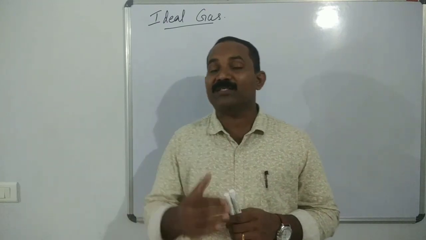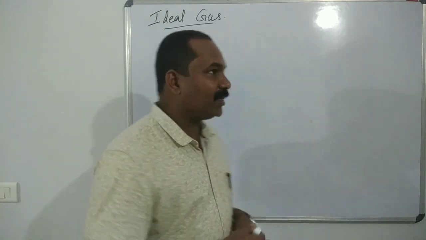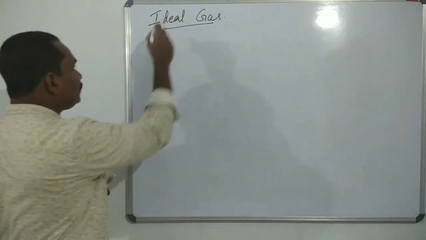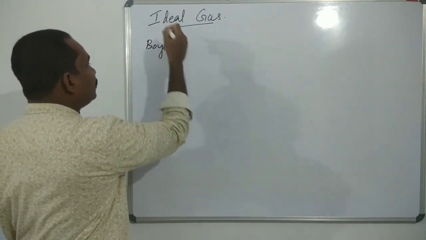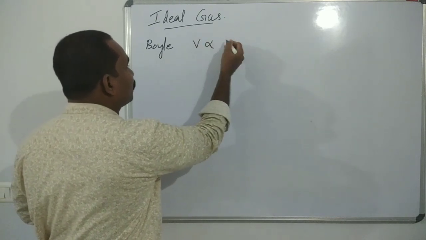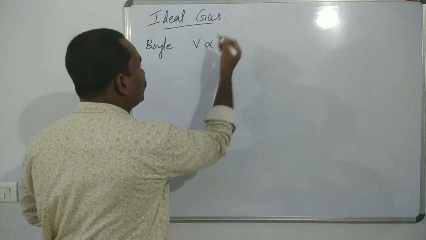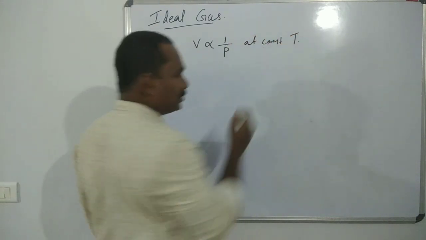Next we discuss the ideal gas equation. According to Boyle's law, we know that V is directly proportional to 1 by P at a constant temperature.